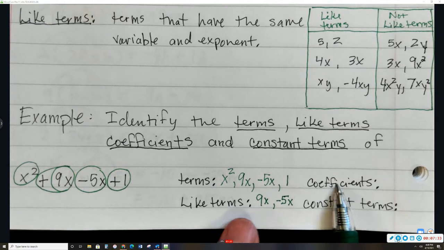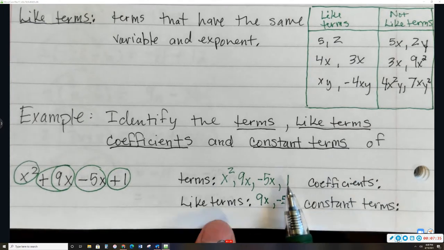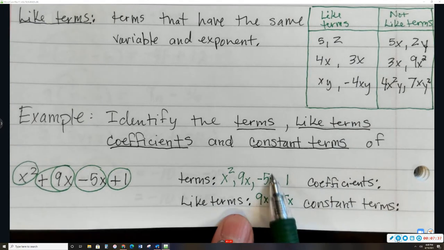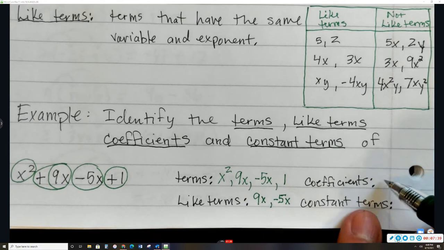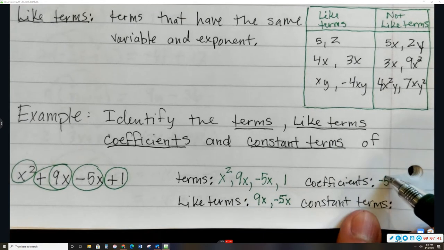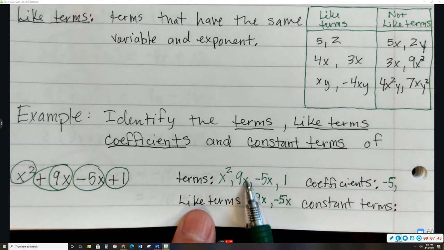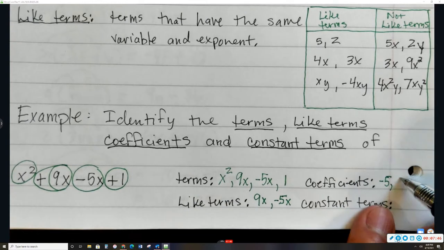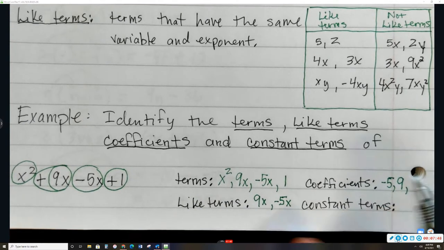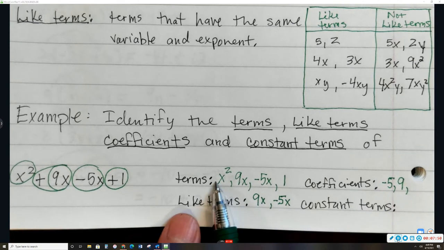And then the coefficients are the numbers in front of the letters. So be careful. Here's negative 5x. So I'm going to put negative 5. And then you have 9x, so the 9 is in front. And then be careful with this one, because even though there's not a number there, you got to remember there's always a 1 there.